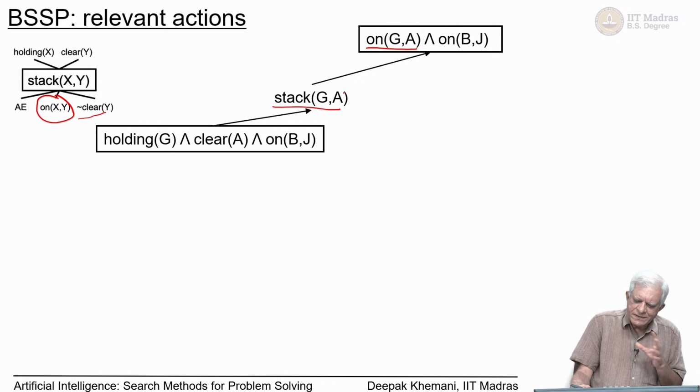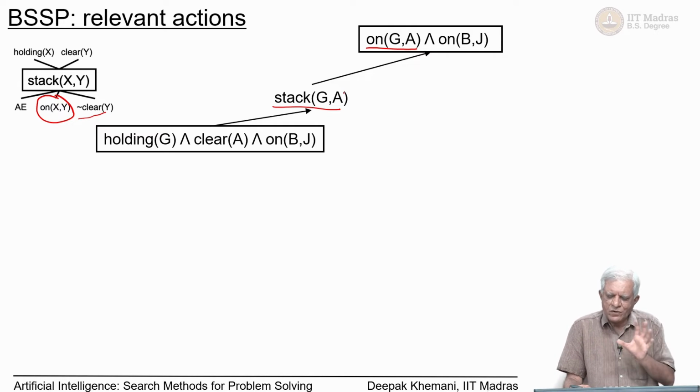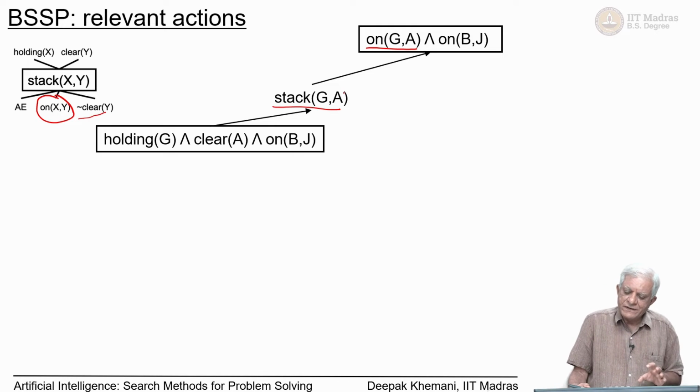In a sense, we have not explicitly stated that A should not be clear. It will be not clear as a consequence of this stack action, because once you are stacking x onto y, y will no longer be clear, but that does not affect our goal description. Our goal description is very limited. It is only focused on whether on GA is true and on BJ is true.